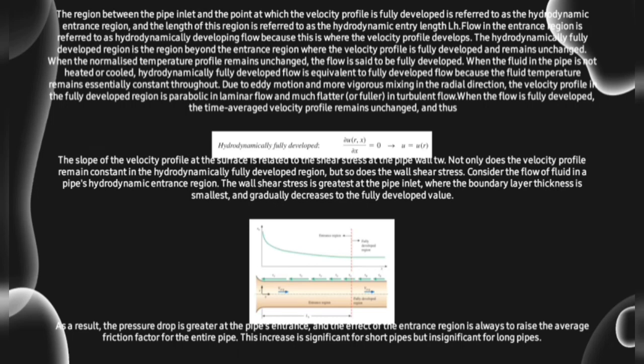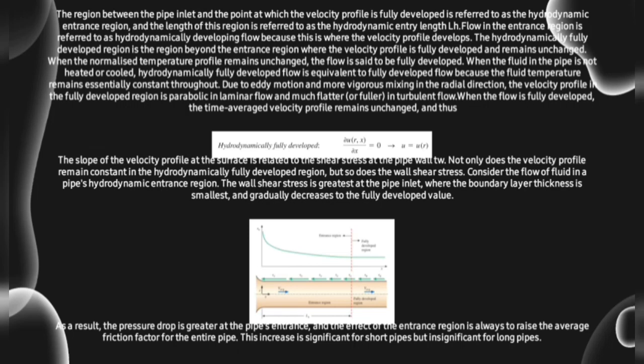Not only does the velocity profile remain constant in the hydrodynamic fully developed region, but so does the wall shear stress. Consider the flow of fluid in the pipe's hydrodynamic entrance region. The wall shear stress is greatest at the pipe inlet, where the boundary layer thickness is smallest, and gradually decreases to the fully developed value.